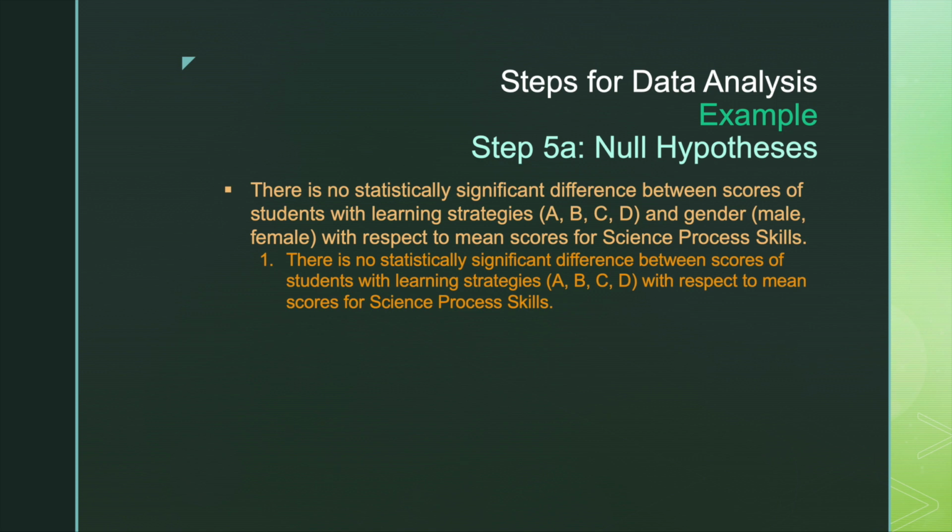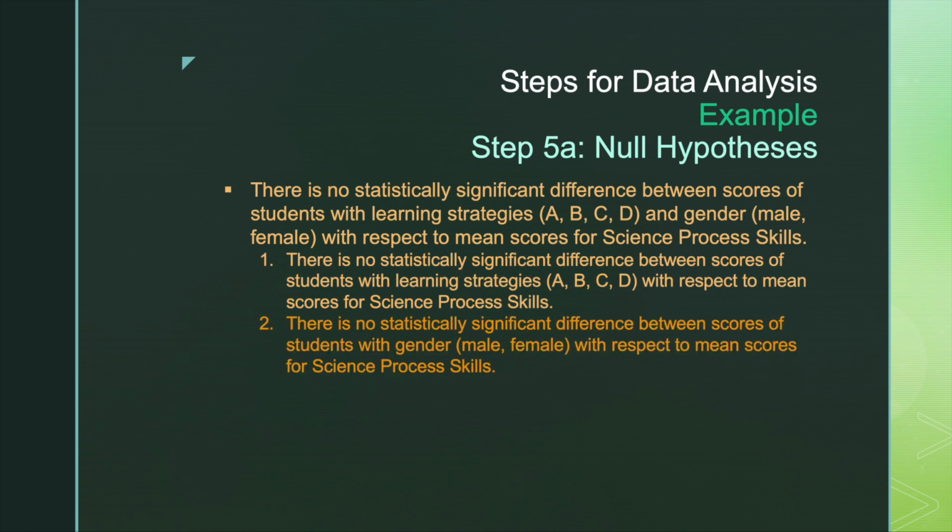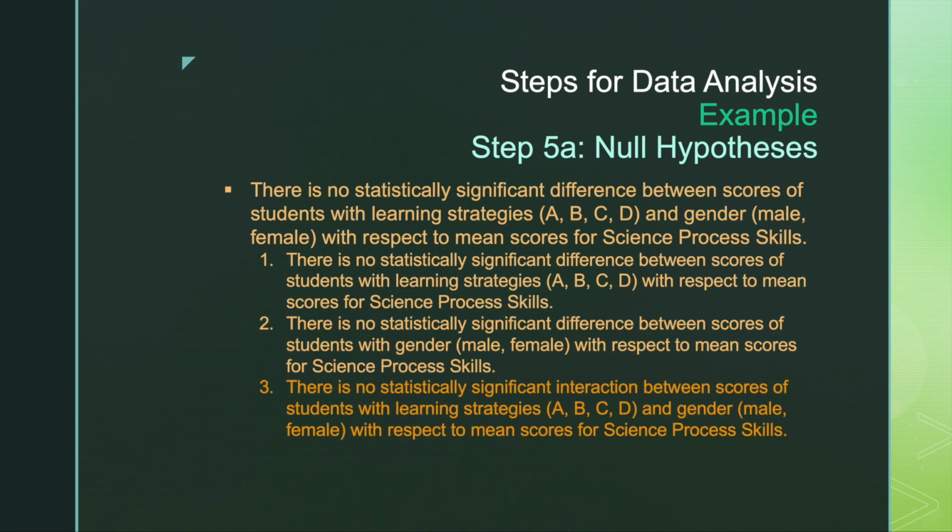We follow that up with saying that there will be no difference for just learning strategies with respect to SPS, and again, just gender with respect to SPS. And then lastly, we have that there is no significant interaction between learning strategies and gender. So together, these are the null hypotheses.